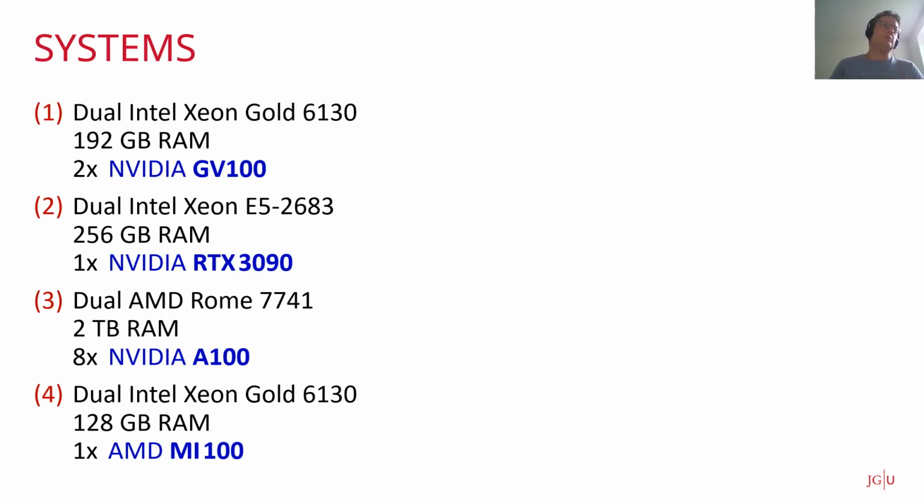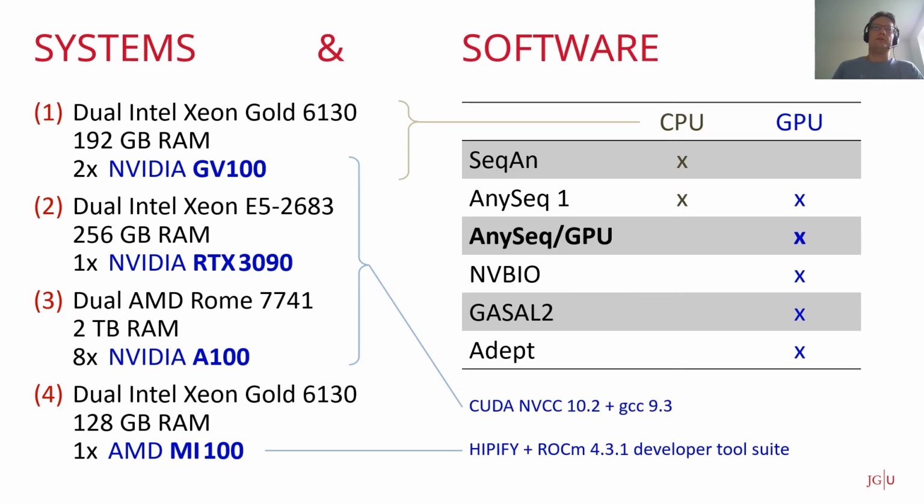To evaluate our implementation, we used 4 different systems: a dual Intel Xeon Gold system with 2 NVIDIA GV100s, a dual Intel Xeon with NVIDIA RTX 3090, a DGX A100, and a dual Xeon Gold with an AMD MI100. The two CPU libraries we tested were the popular SeqAn library and our old implementation in AnySeq 1.